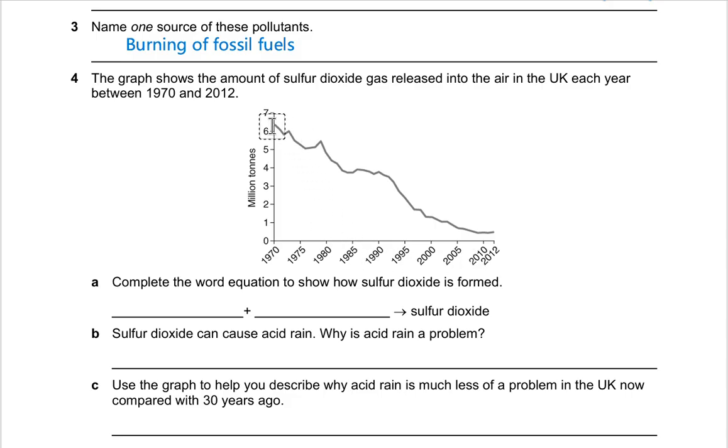So from 1970, if you see till 2012, what can you tell when you look at this line graph? Sulfur dioxide has got reduced. Yes, the amount of sulfur dioxide gas released is going down now, right?